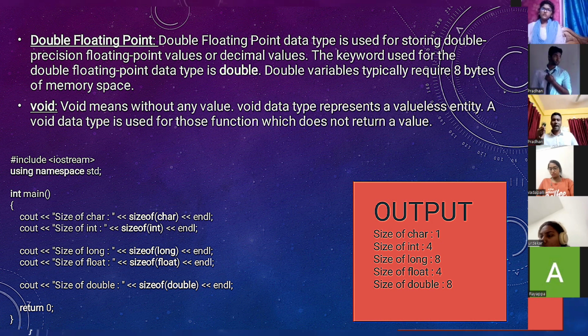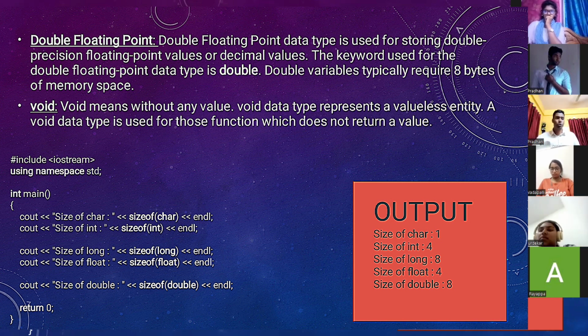So in the case of the pi value, double floating point is specifically used to store those floating points which are very huge. Double means it's going to double the value of storage. Initially, if you have seen, floating point will have 4 bytes of memory. But when you use double floating point, it will store 8 bytes of memory.